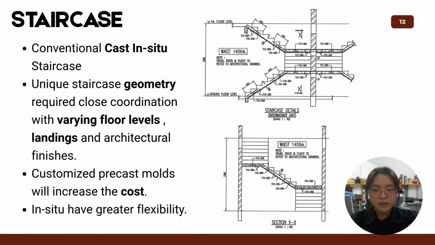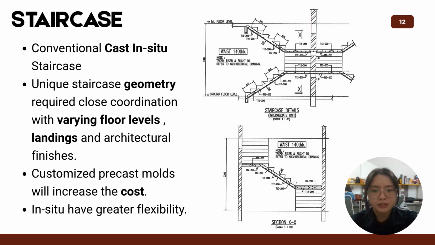In this project, the staircase system was intentionally designed as a conventional in-situ reinforced concrete element, rather than a prefabricated or precast IBS component. This decision was primarily influenced by practical and technical considerations related to site conditions, constructability, and cost efficiency. The staircase geometry requires close coordination with varying floor levels, landings, and architectural finishes, which would have necessitated customized precast molds.